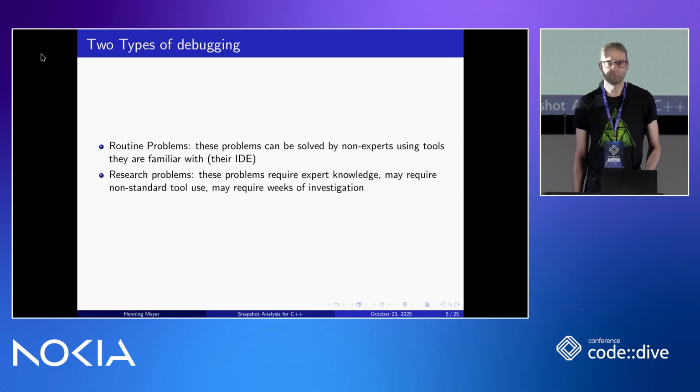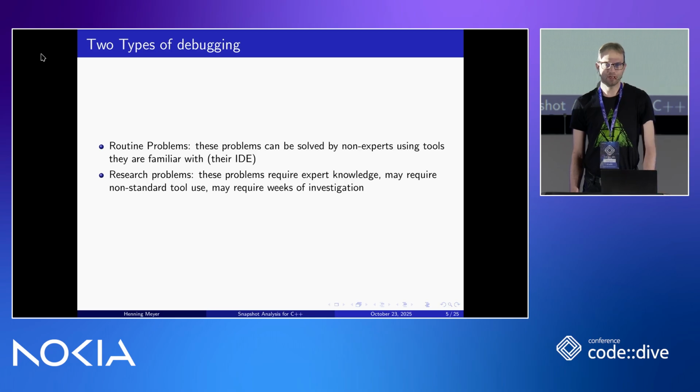And I make a distinction between routine debugging and research debugging. Routine debugging is the problems you can solve easily with your IDE, the problems that non-experts can solve. If you come to C++ from Java, then the debugging experience is exactly the same.